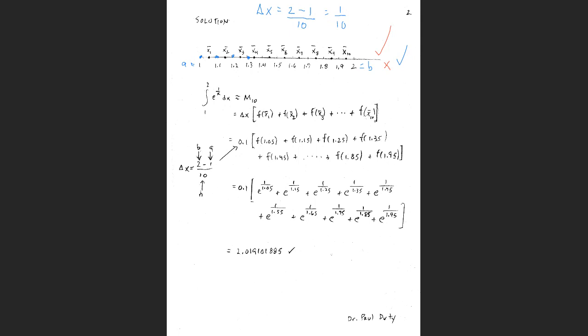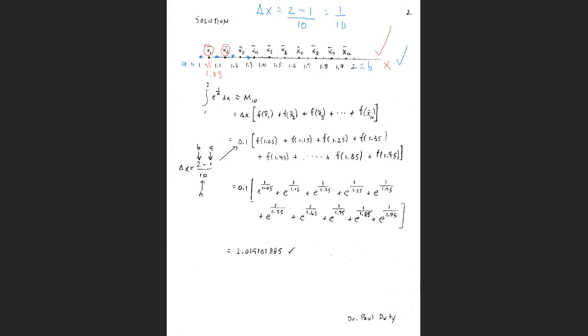All right, so I'm going to make a little comment here. You see here you have this x1 bar. What that stands for is the midpoint. The midpoint between 1 and 1.1 is 1.05. That's x1 bar, the midpoint of the first subinterval. x2 bar is the midpoint of the second subinterval.